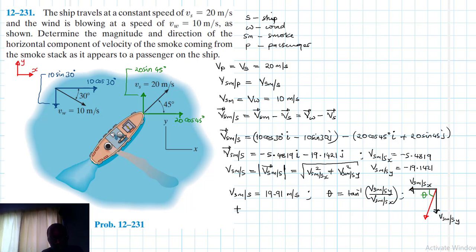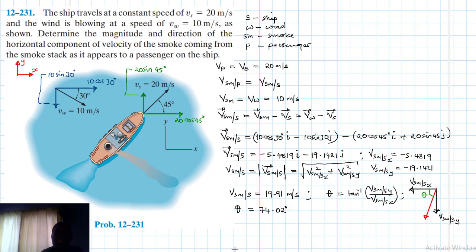So therefore, plugging in those values, theta becomes equal to 19.1421 divided by 5.4819, the minuses of course cancel. Then tan inverse of that, we have 74.02 degrees.